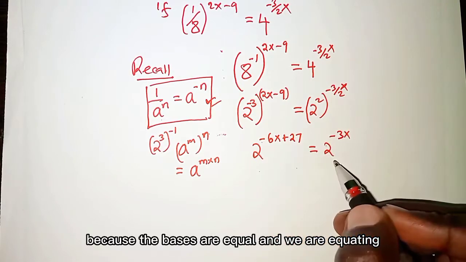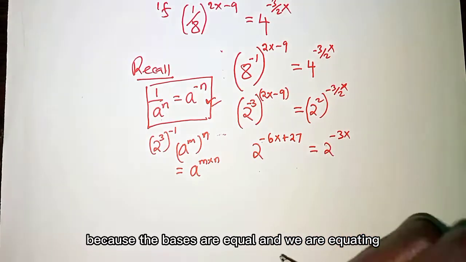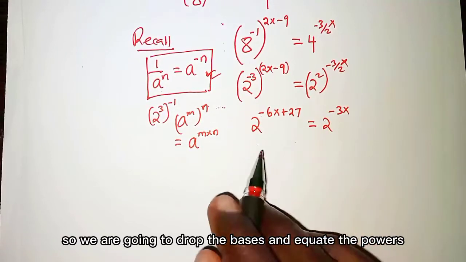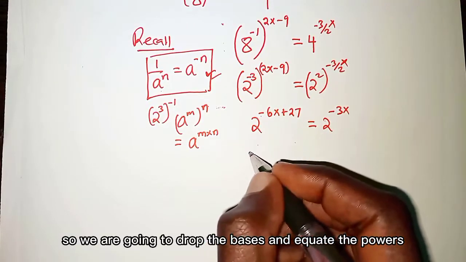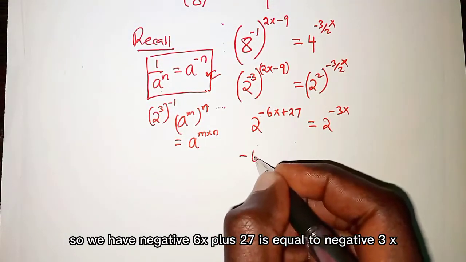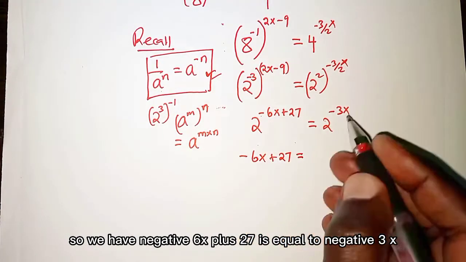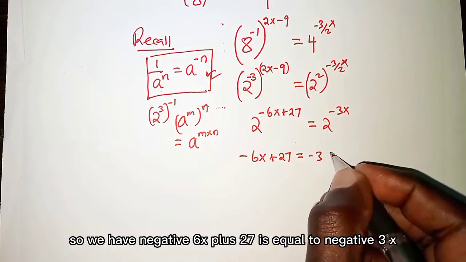Because the bases are equal and we are equating, we can equally equate the powers. So we are going to drop the bases and equate the powers. So we have negative 6x plus 27 is equal to negative 3x.